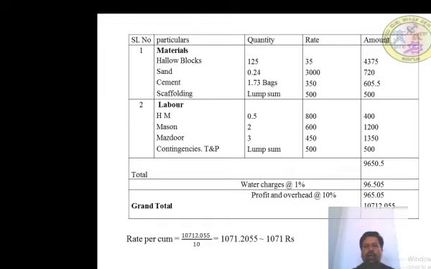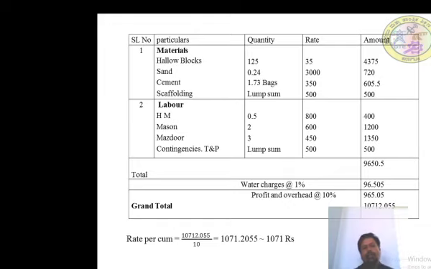Cement 1.73 bags into 350 rupees, 605.50 paisa. Scaffolding is lump sum 500 rupees. Scaffolding is used for staging for work above 1.5 meter height.